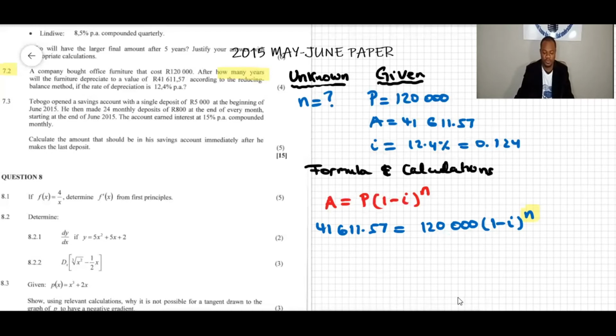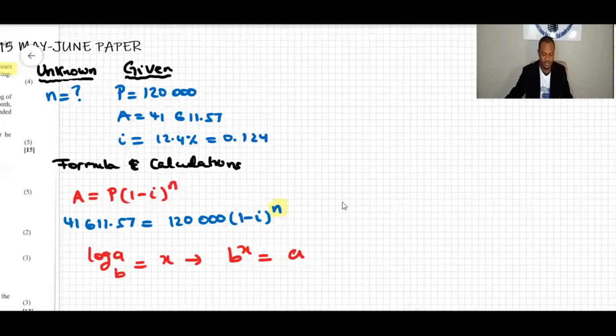The log formula says: log of A base b equals x implies that b to the power of x equals A. We can apply this log formula and move like this, so we can solve.